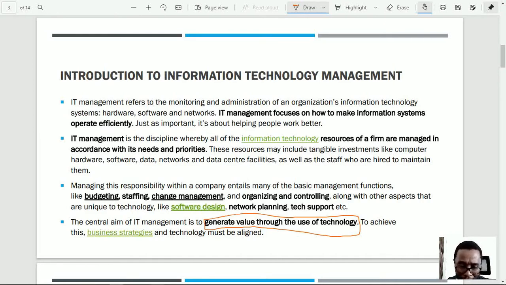So that's why the IT management concept is very important, because the key to generating value through technology is how you manage all these resources. So to achieve this, business strategies and technology must be aligned.